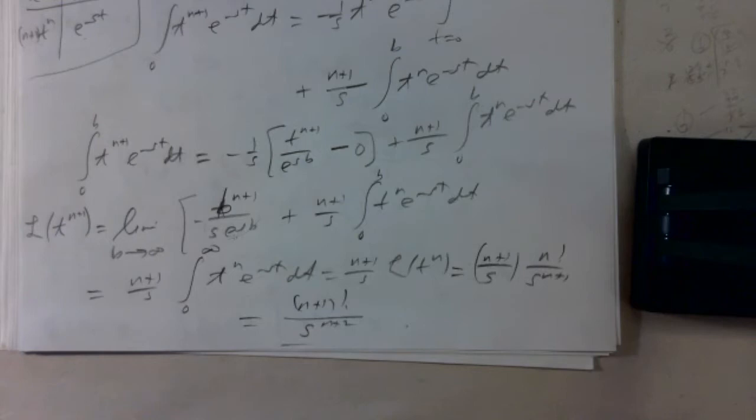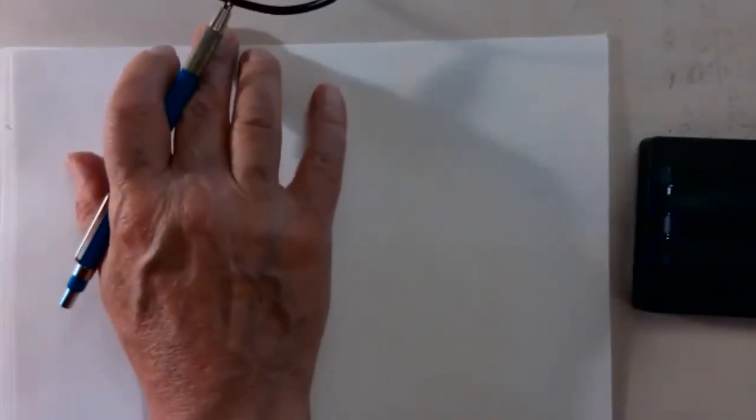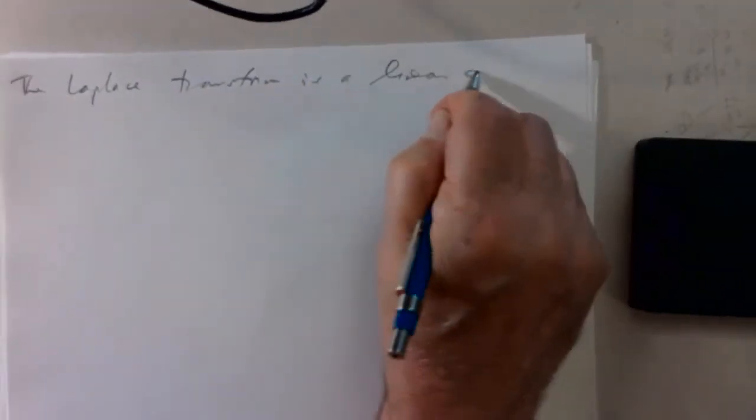Okay. So now we know the Laplace transform of every power of x. And we now know, I claim, the Laplace transform of every polynomial, because the Laplace transform is a linear operator.